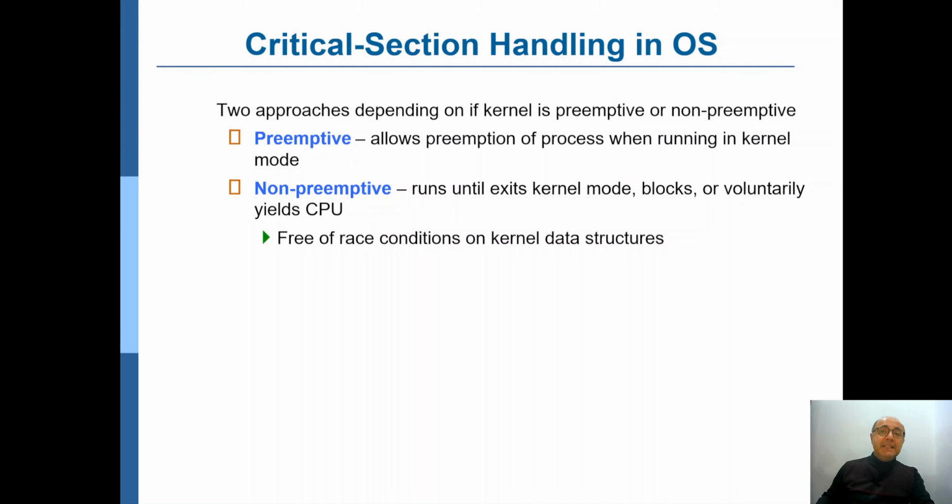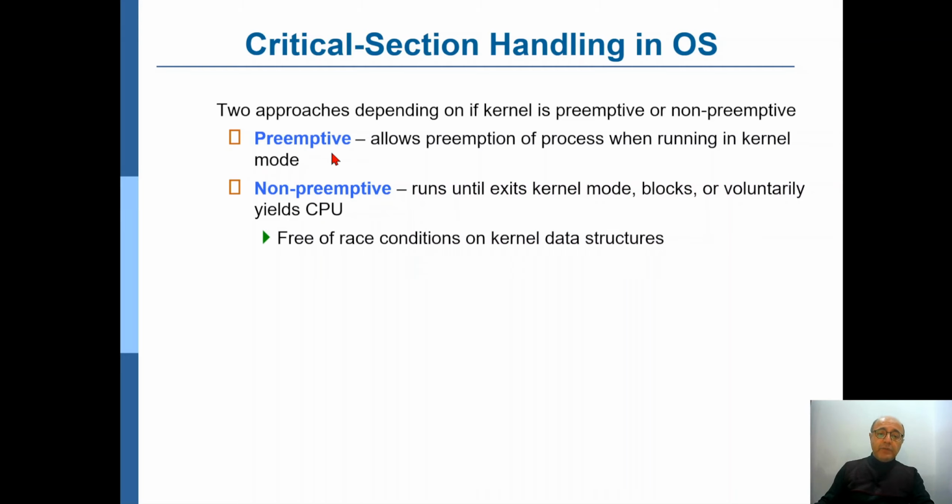And while it's in the kernel mode, another process also wants to go into the kernel mode. So can you preempt that one from the CPU or not? It is possible to come up with preemptive systems that allow preemption there, or there are also non-preemptive operating systems that will not allow this. Okay, so the second process has to wait until the first one completes its kernel mode.